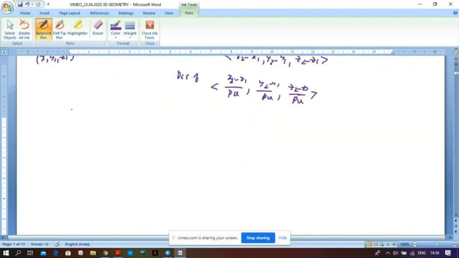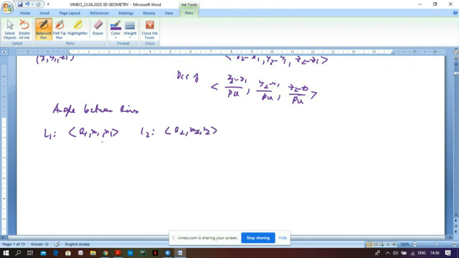Once you have defined this, we can also define the angle between lines. Let the line 1 have direction cosines L1, M1, N1, and line 2 have L2, M2, N2.